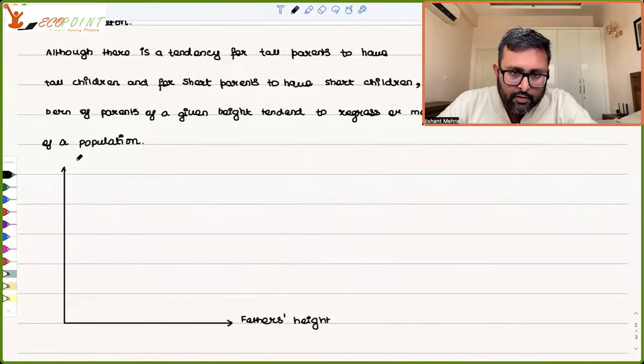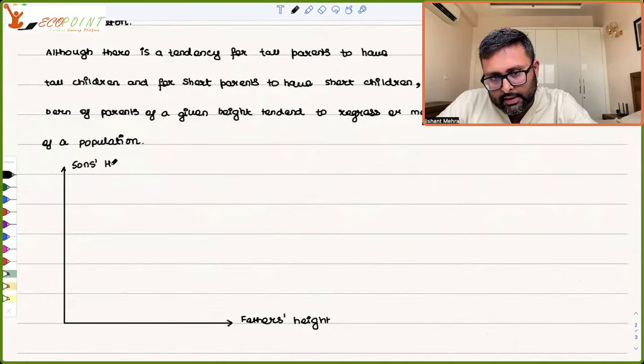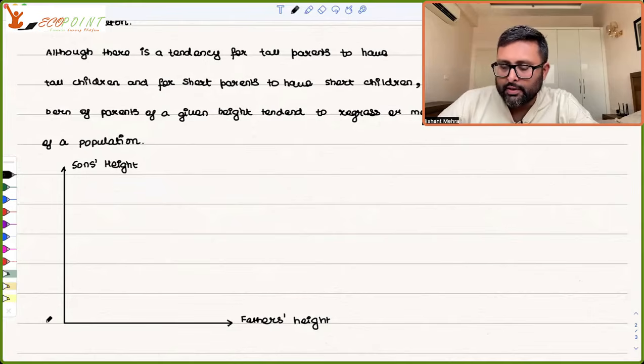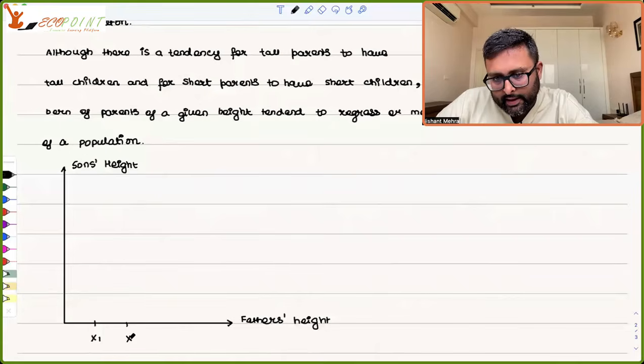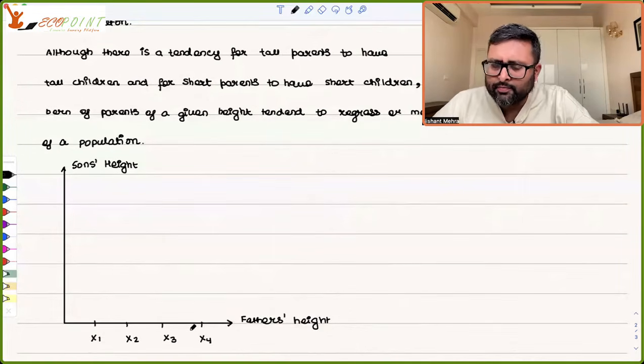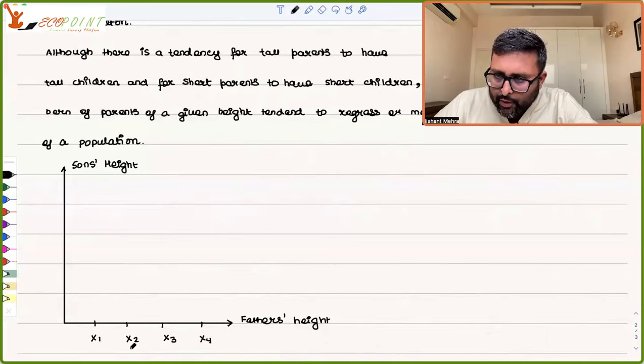And here you have sons' height. Suppose this is one height, x1. This is another height, x2. This is another height, x3. This is another height, x4, and so on. Like 5 feet, 5.5, 6, 6.2, something like this.